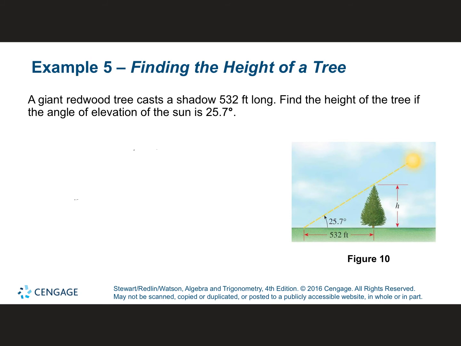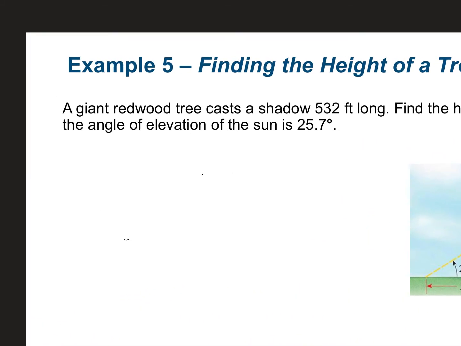For this example, it tells you that a giant redwood tree casts a shadow 532 feet long. So if you didn't even have this picture drawn for you, you would start with a right triangle. It tells you that your shadow is 532 feet long. So if your tree was over here and your shadow went to the right, that means that your length here would be 532 feet.